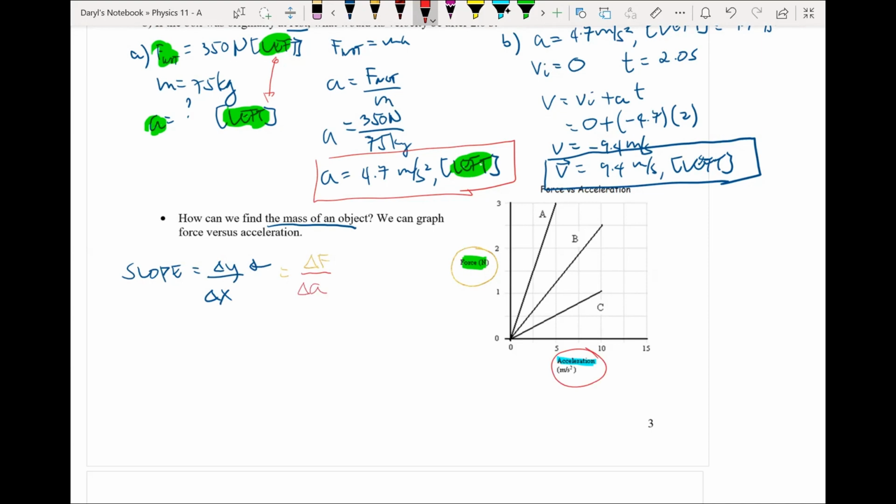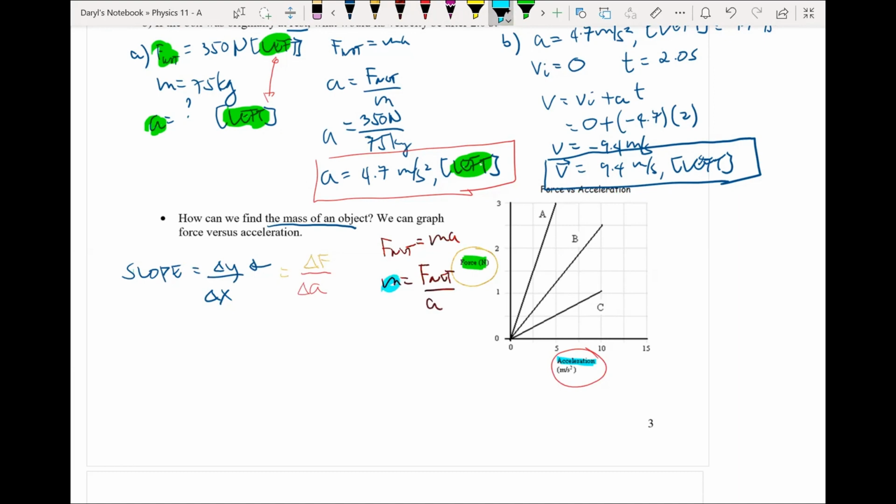So if you can see here, is it not that F over A, if we go back to our Newton's second law, tells us that F net is ma, and if you divide F net by a, that gives you the mass.